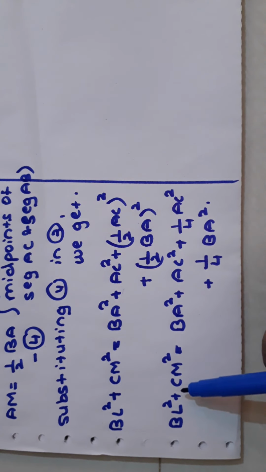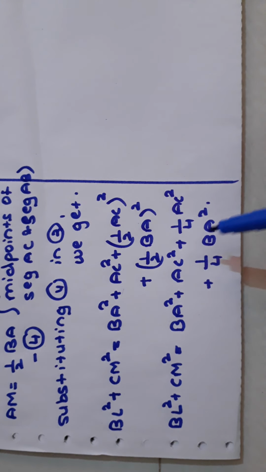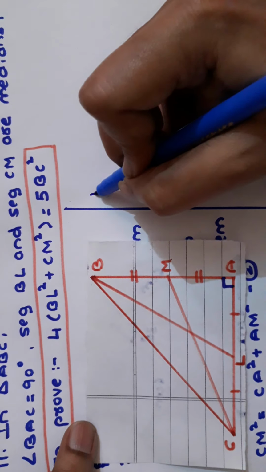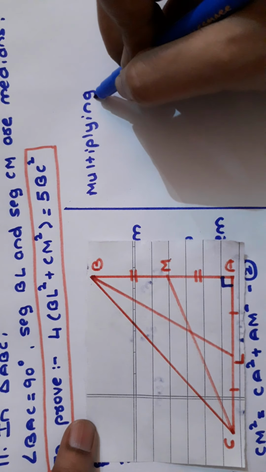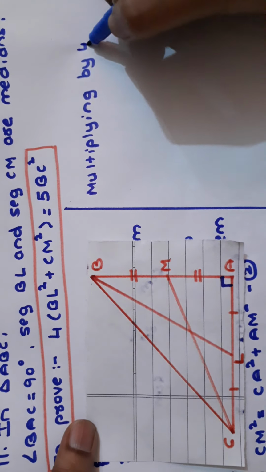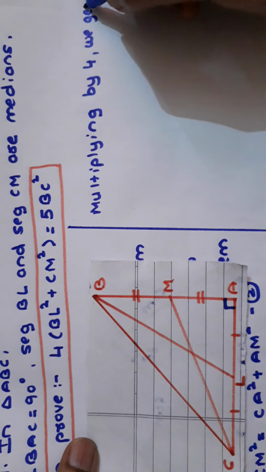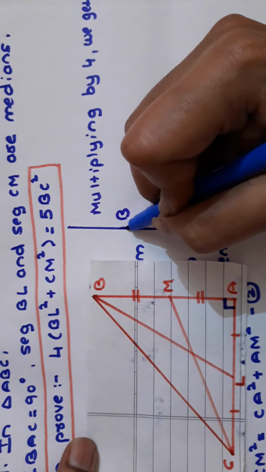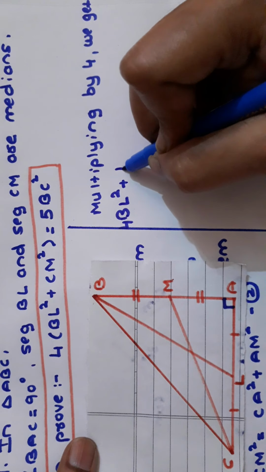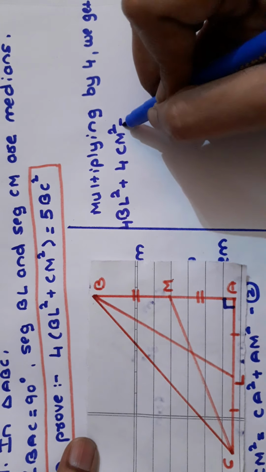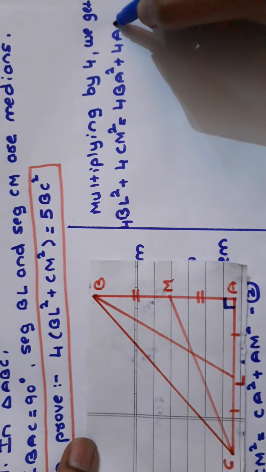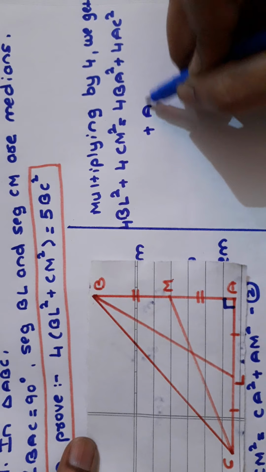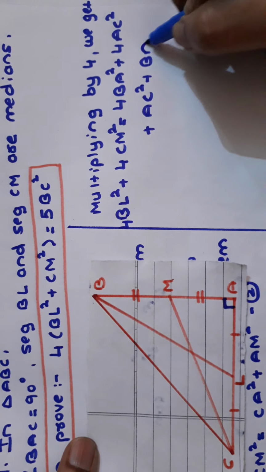So now what I do, I'll multiply all the terms by 4. Four times BL square plus 4 times CM square is equal to 4 times BA square plus 4 times AC square plus AC square plus BA square.